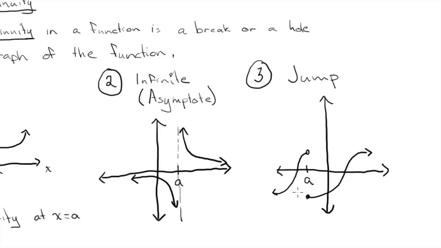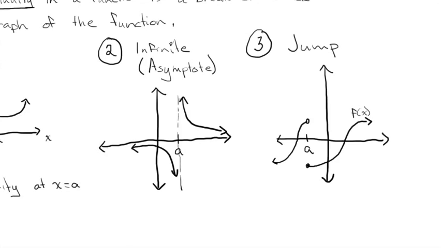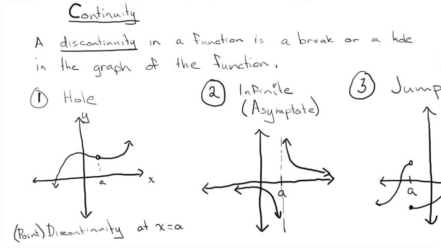So it's one function even though it looks like two different ones. It's one function because there are different values of x that each part is covering. So this is f of x. Okay, so these are different types of discontinuities. So these are functions that are not continuous.